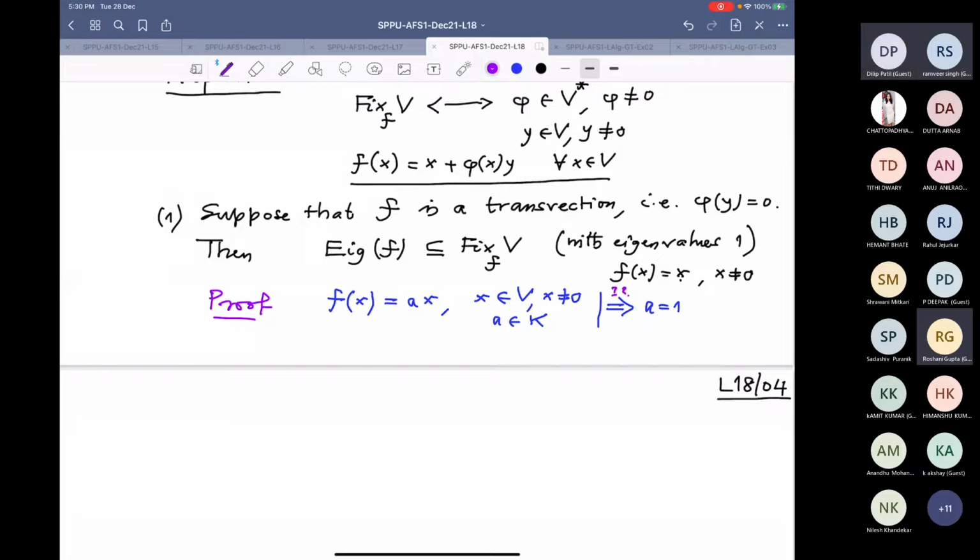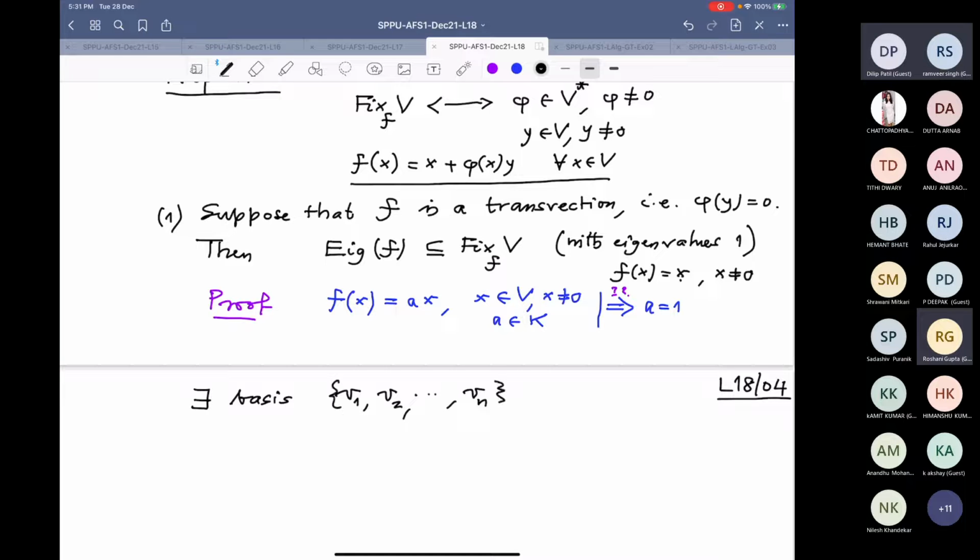But then what do I say? All right, then I say the matrix, there exists, this is the more interesting statement for me. There exists a basis V1, V2, Vn.